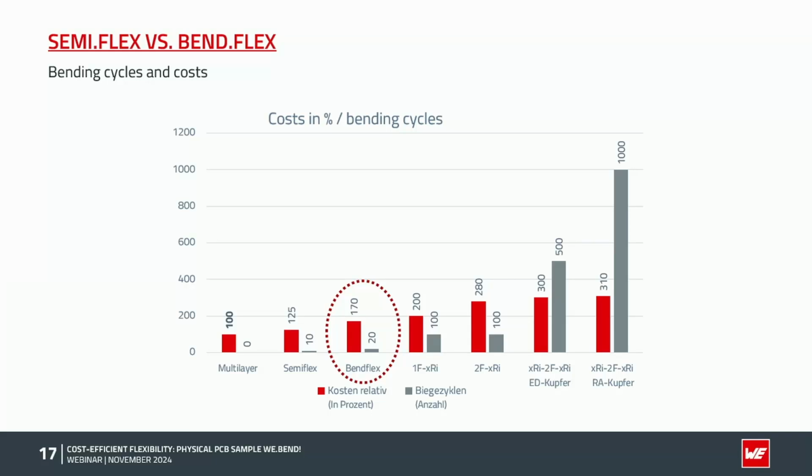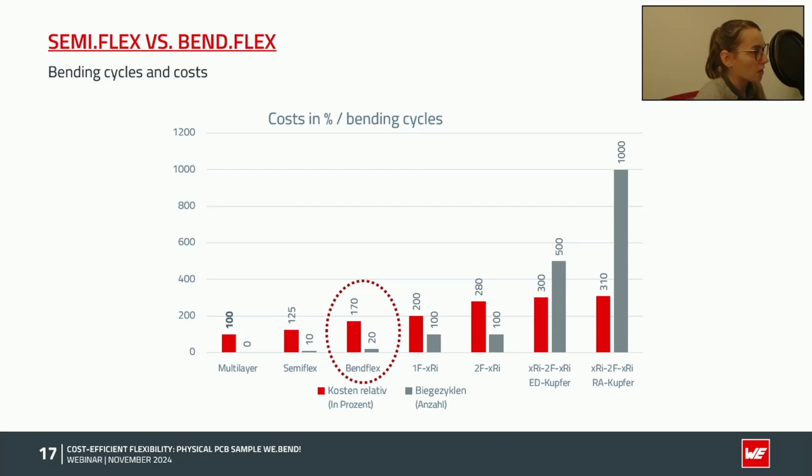And you can see here that the bend.flex is a very cost-efficient solution, because if we use, for example, a RIGID.flex with 2 layers in the flex area, then we have 280% of the costs and 100 times bending. But normally, most of the customers do not need 100 times bending.